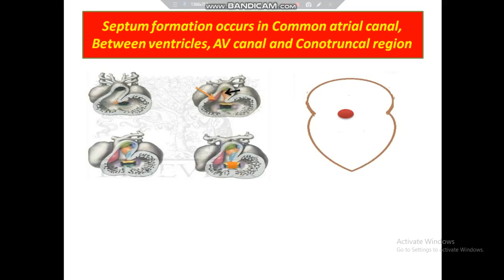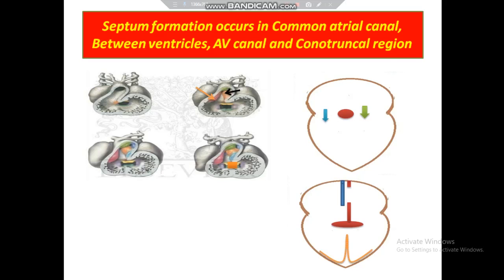First of all, with the septum intermedium, the atrioventricular canal is divided into two, right and left. Then we can see the atrial septum formation, first septum primum, then after that the septum secundum. Then we can see the interventricular septum formation like this.